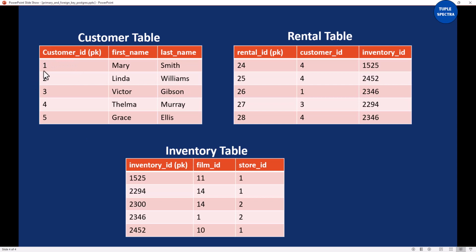It is unique, and as you can see, each row right here has a unique customer ID. So that means Mary Smith, Linda Williams, Victor Gibson, all these folks right here, they have their own customer ID that is unique to each person.